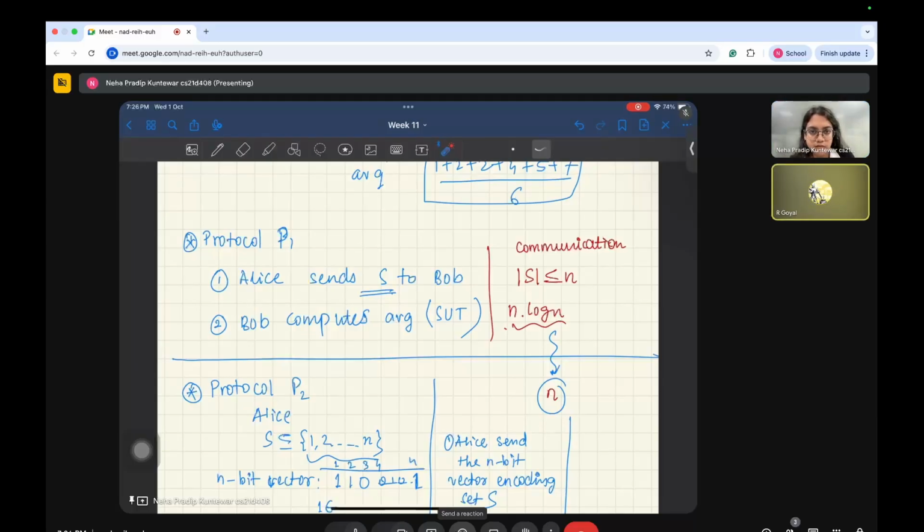So what can happen that Alice can compute, because now I understood that in this communication complexity, two things are important: something that is being computed locally, and that local computation is being transmitted remotely. So now it can happen that Alice can compute the sum of the elements of her set locally, and that would be requiring log n amount of effort.